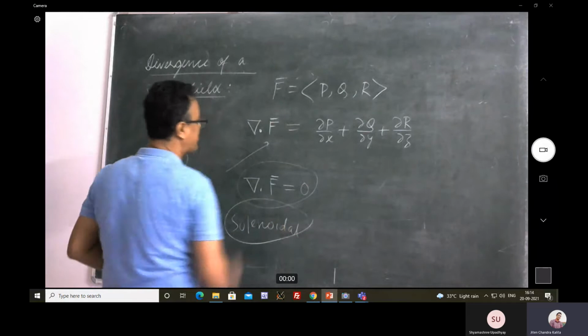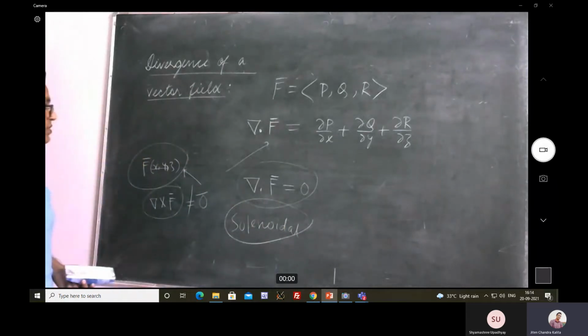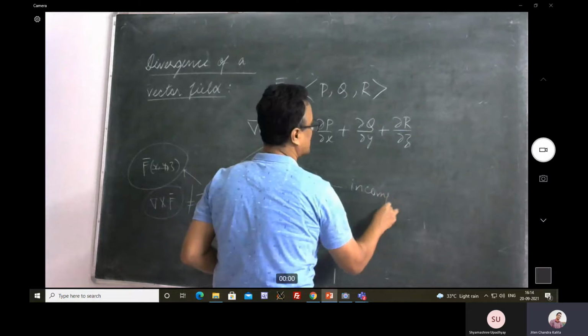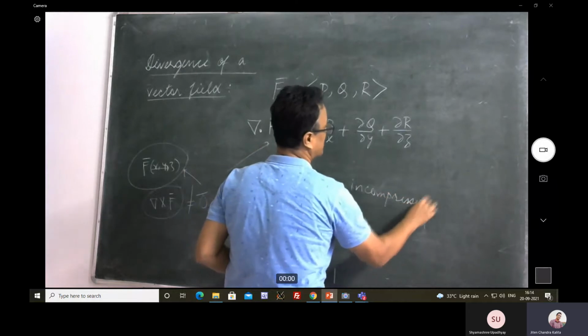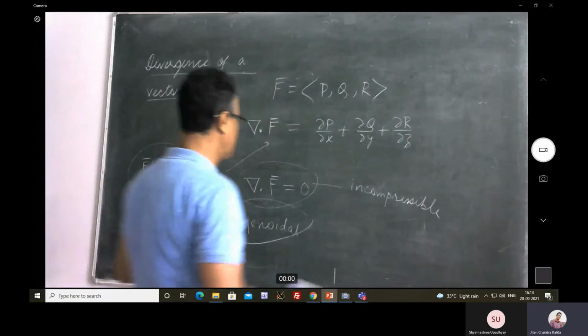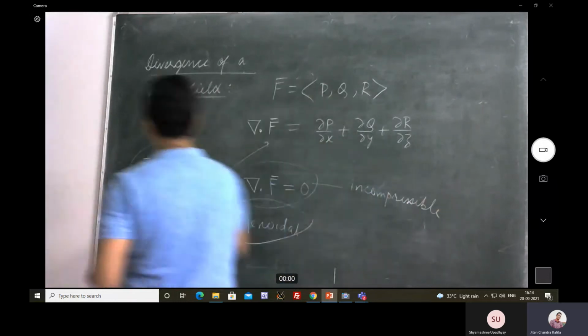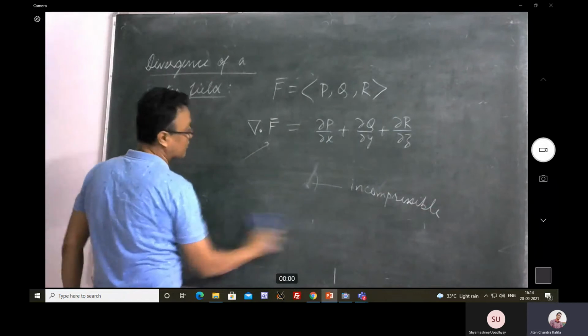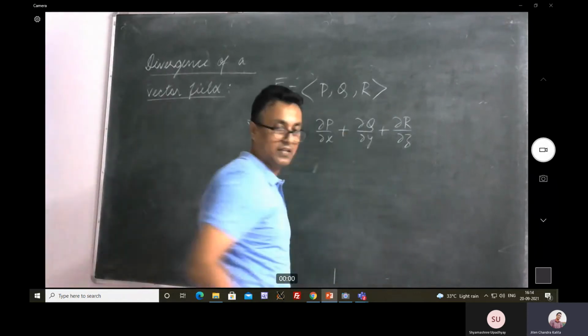But in case F represents the velocity of a fluid, then we say that the fluid is incompressible. In your later years, if you are interested in fluid dynamics as your electives at some juncture, these are going to come in handy.